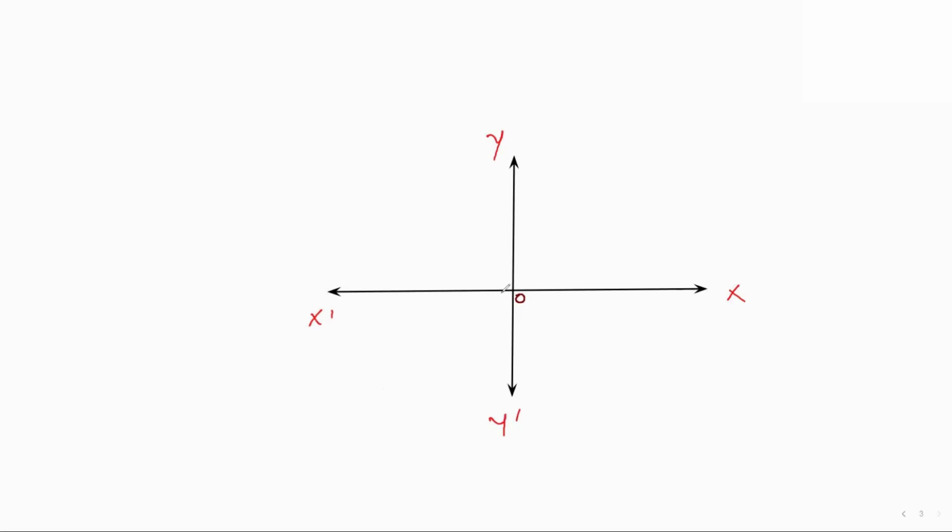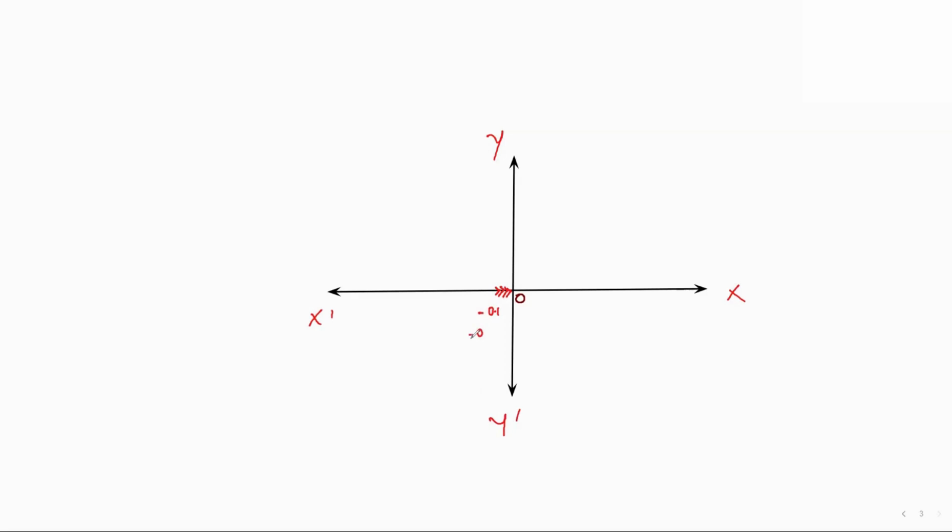X is approaching 0, so we can have any number towards the left of 0. Maybe I can say 0.1, maybe not 0.1, I would say minus 0.1, because we are approaching 0 from its left hand side, and on its left hand side, of course, there are negative real numbers, right?